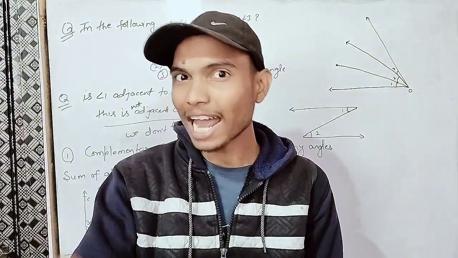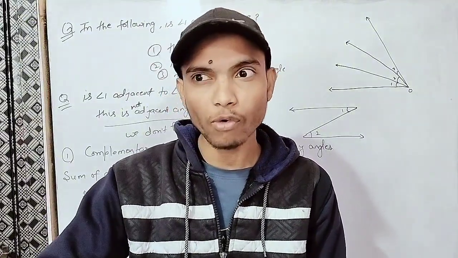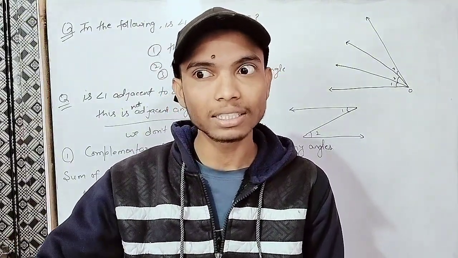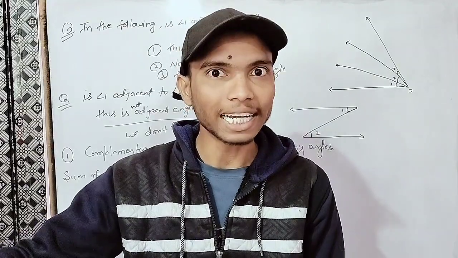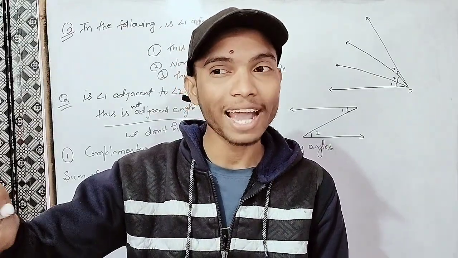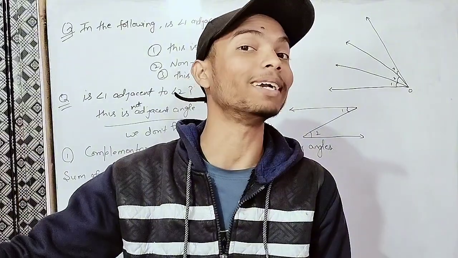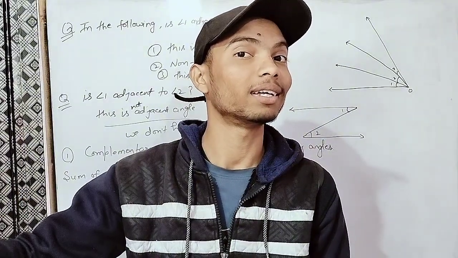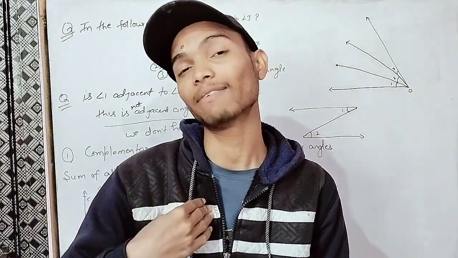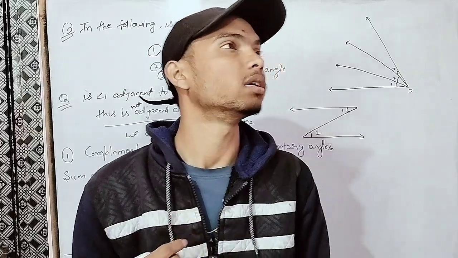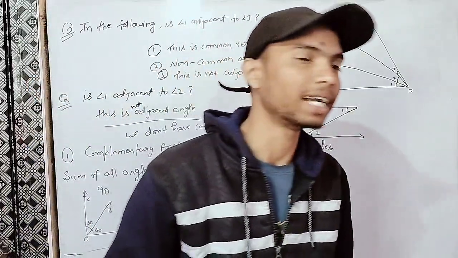Whereas if you have angles whose sum is going to be 90 degree, this sum of angles would be known as complement instead of supplement, because the sum of angles is 90 degree. That's why.